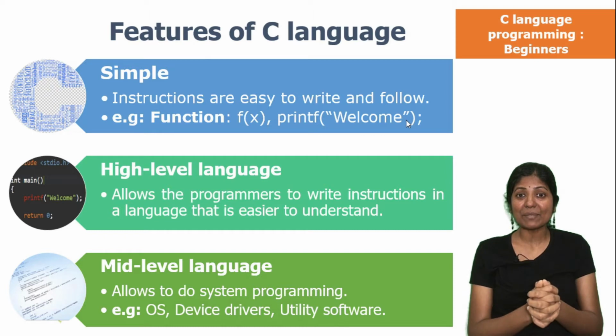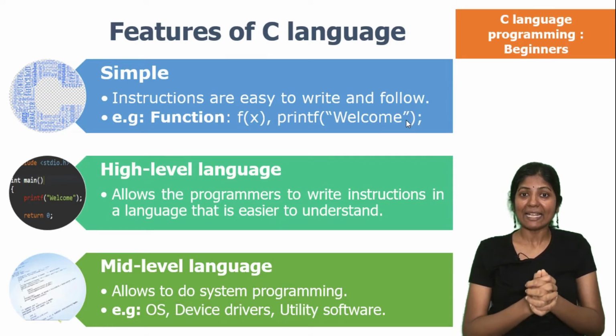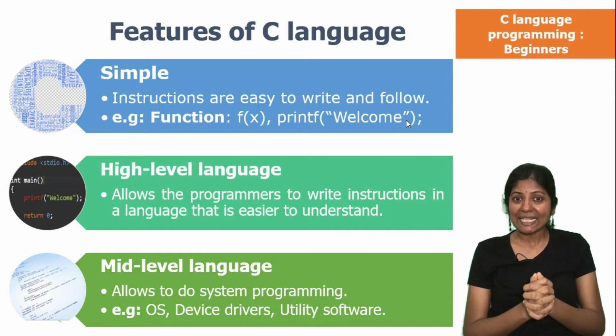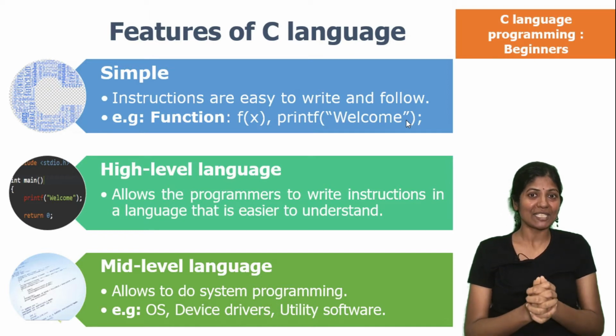Examples of system software include operating systems like Windows, Unix, Mac OS, device drivers like printer driver, utility software like antivirus software, backup software, etc. All these are examples of system software. So, using C language, we can develop any kind of system software.